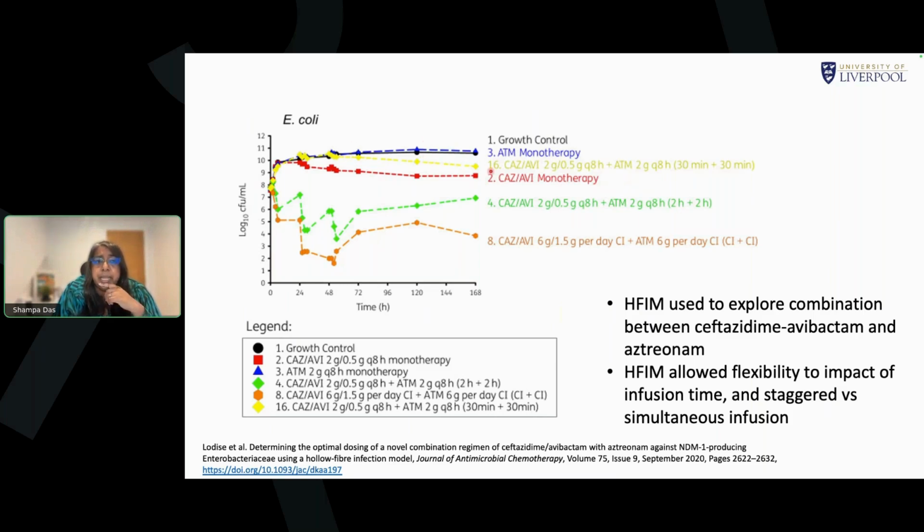And what's shown here is that if you look at the growth control, Astraeanam monotherapy, ceftazidime avibactam monotherapy, you're seeing no effect. You're still seeing growth of bacteria. But actually, if you give the combination all as a 30-minute infusion, you're still seeing no effect. But here you can see with a 2-hour infusion, you can see an effect, and also with a continuous infusion.